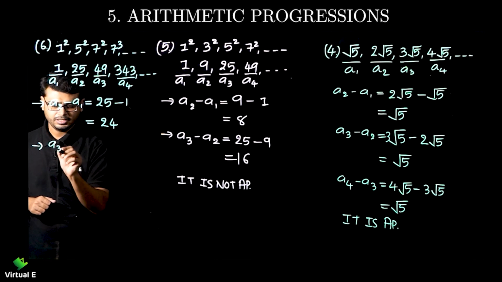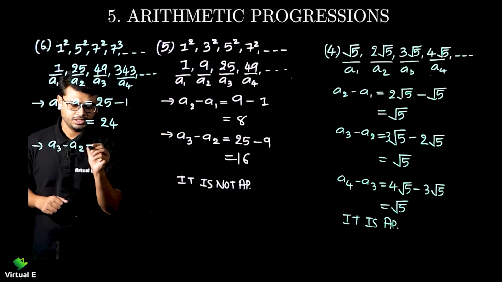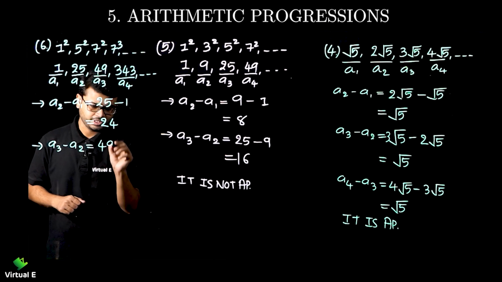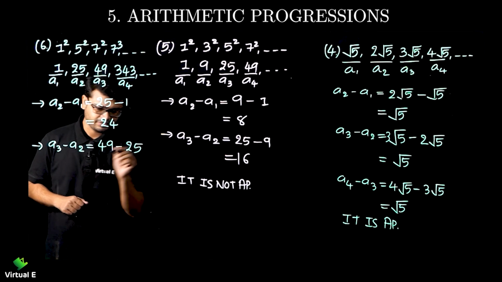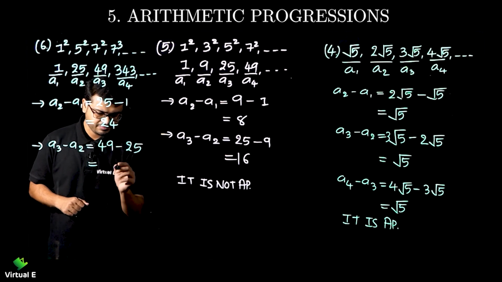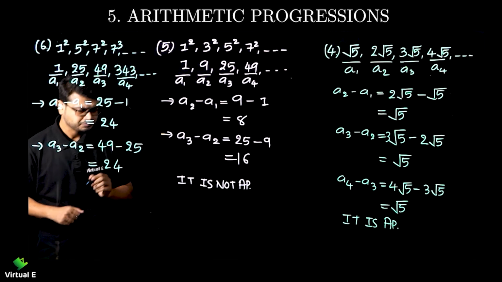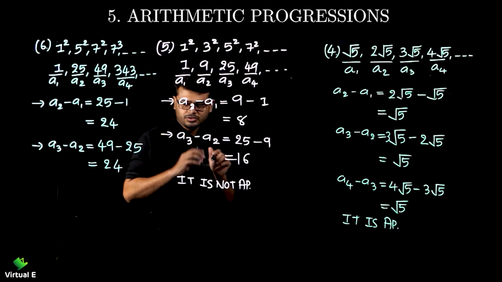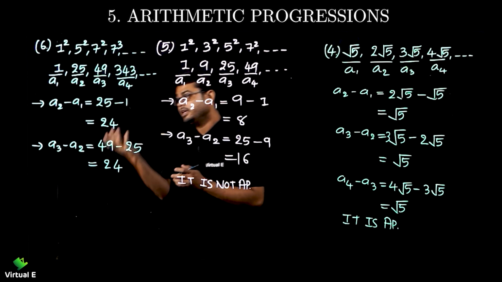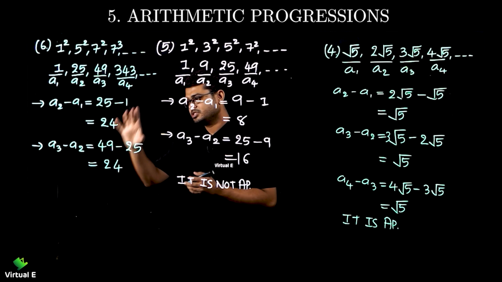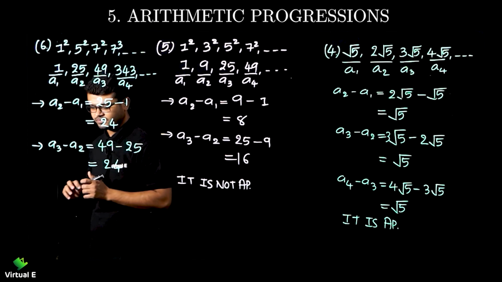So A3 minus A2, so 49 minus 25. Okay, 9 minus 5 is 4, 4 minus 2 is 2. So 24. So far it is good that it can be AP because two differences are equal so far.